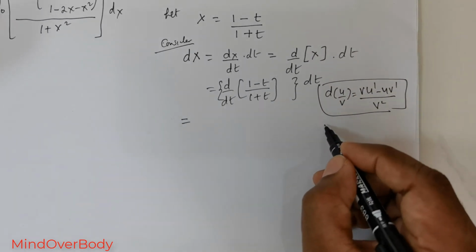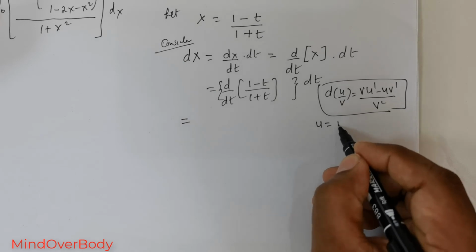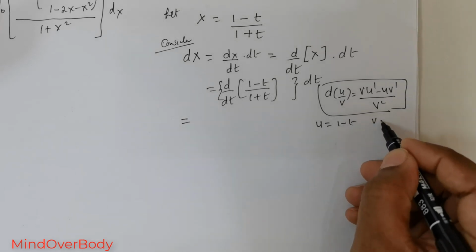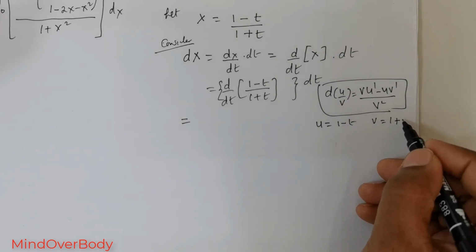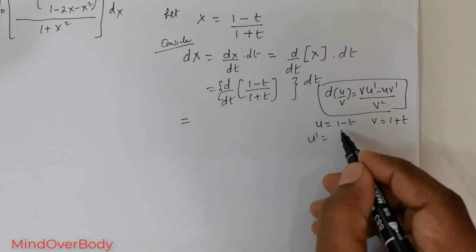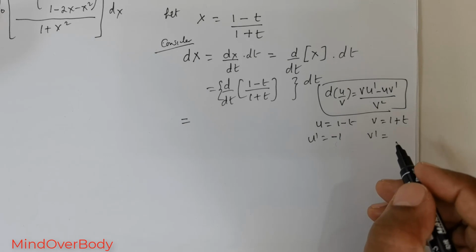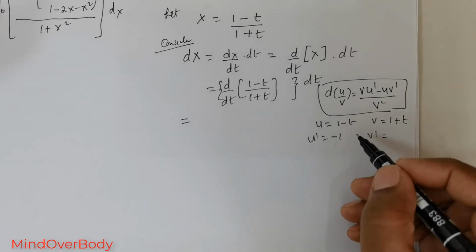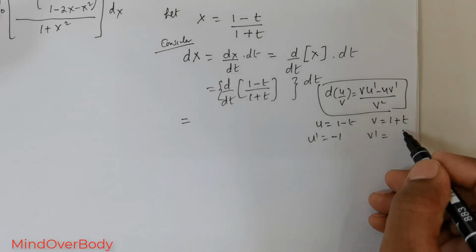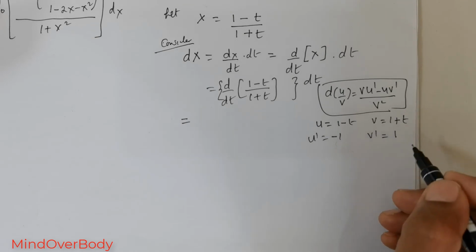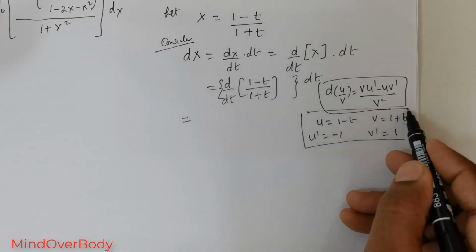So I would take u as 1 − t, v as 1 + t, and u dash is going to be −1. v dash, of course the differential of t, is going to give me 1. So this is what we have got.